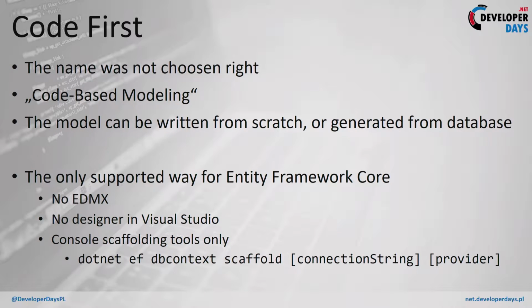But currently in EF Core, only code first is supported, but it doesn't mean that you cannot generate your model from the database. There is a command line tool which can do that. So a better name would be, for example, code-based modeling, which means that your model is described in C# code. So there will be no EDMX designer support, so the only way is code first, and you can write your model from scratch, or you can generate it from a database.